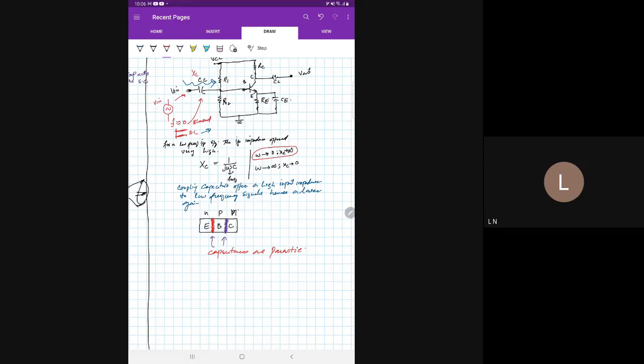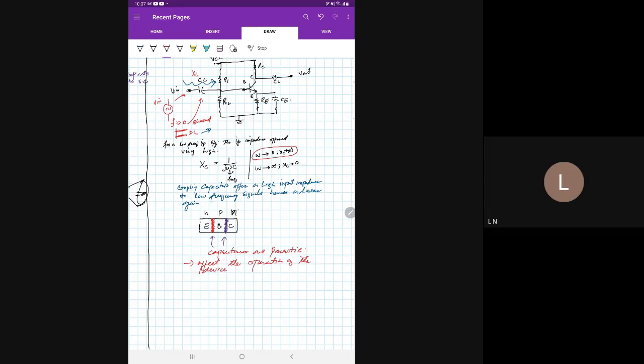They are there because of the construction and the nature of the device, and these parasitic capacitances will always affect the operation of the device. Why?